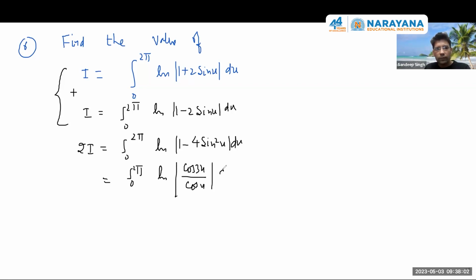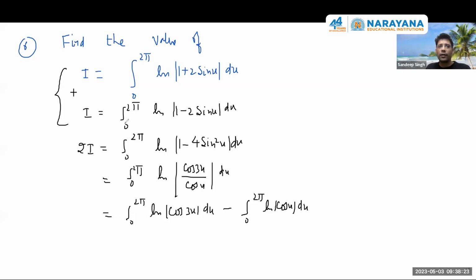This whole mod. And this will be equal to what? 0 to 2 pi, ln of cos 3x and then minus ln of cos x. What next? What next?